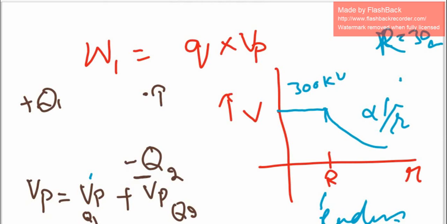If you are close to Q1, the positive charge, the potential due to positive Q1 is dominating.